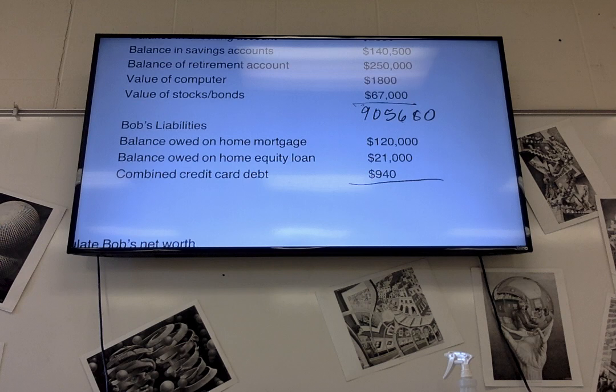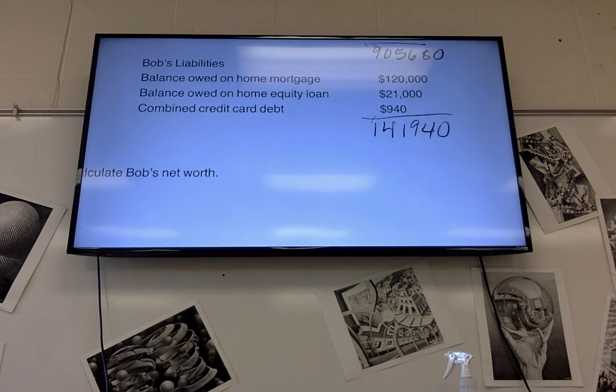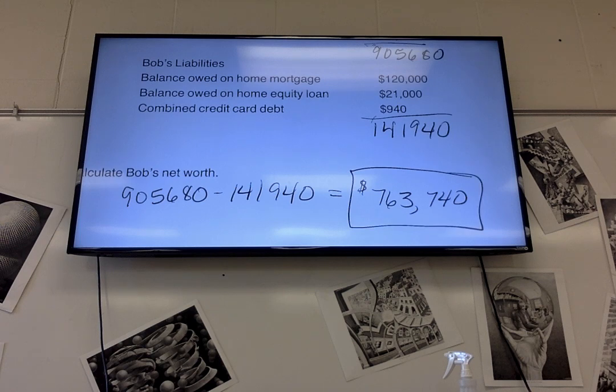I very easily could have hit a wrong button somewhere. If you got something different, just let me know. So Bob's net worth, you just subtract those two numbers. And 763,740. Seems like that came from your homework.